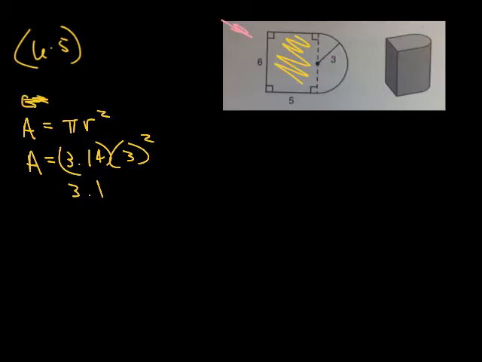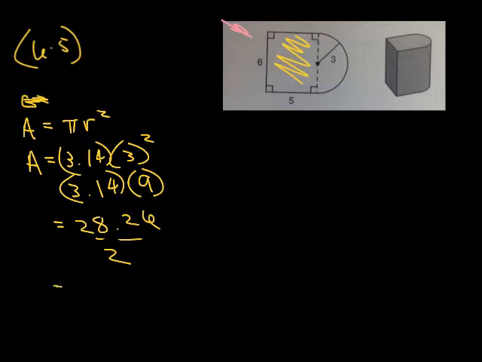So we have 3.14 times 9, and that is 28.26. And this is not a full circle. It's a half circle. So we're going to have to divide that by 2 in order to get a half circle. So that ends up being 14.13.